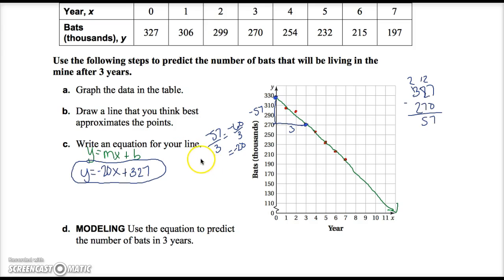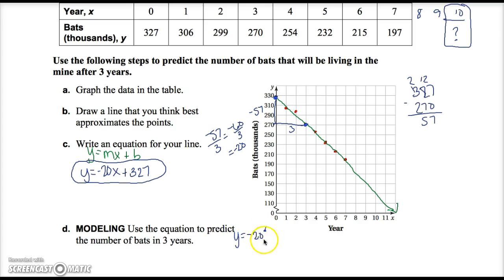Now, D, use the equation to predict the number of bats in 3 years. So year 8, year 9, we're basically predicting how many bats there will be after year 10. Okay, so we'll just plug that into our equation.